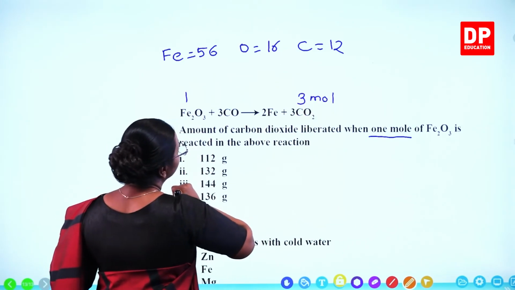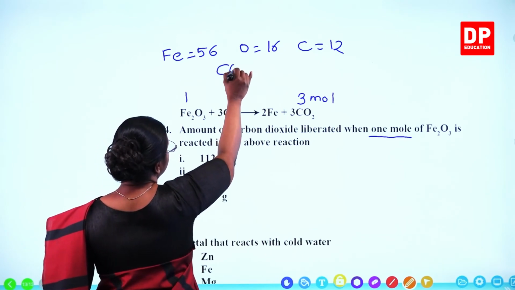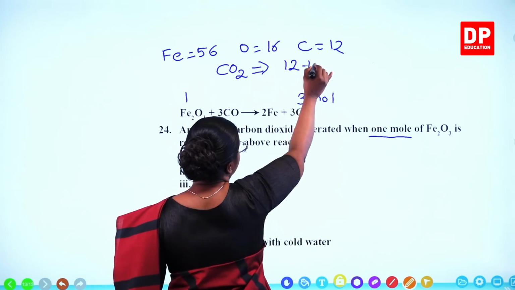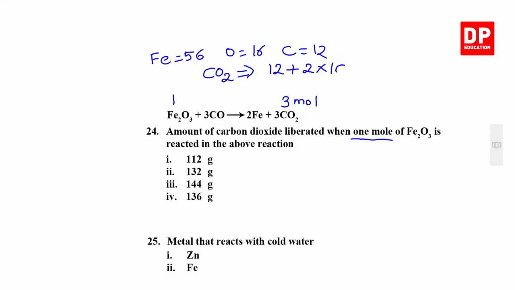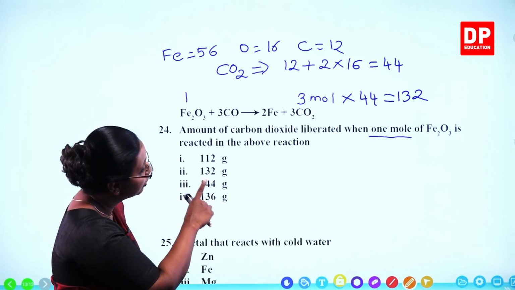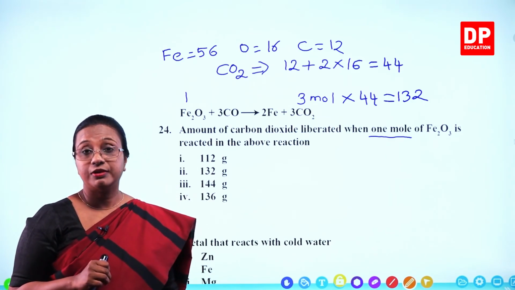So, if we calculate for carbon dioxide, it will be carbon 12 plus 2 times 16, that will be equal to 44. So, like that we need to have 3 moles. So, 3 into 44, that will be equal to 132. So, 3 moles of carbon dioxide will be equal to 132 grams.